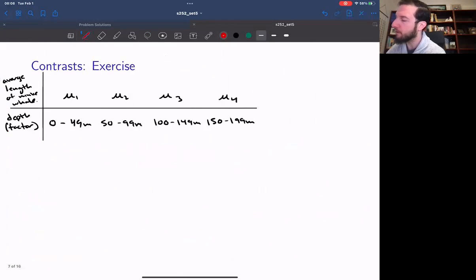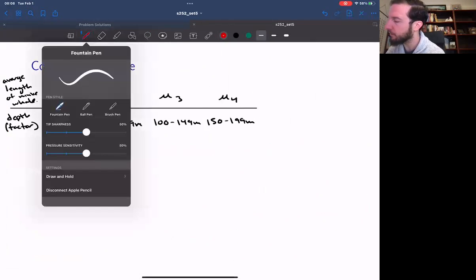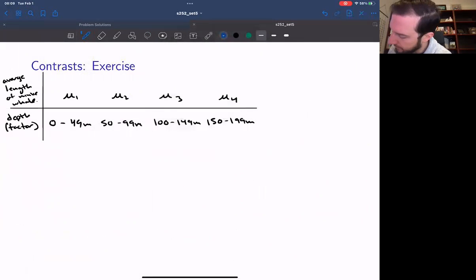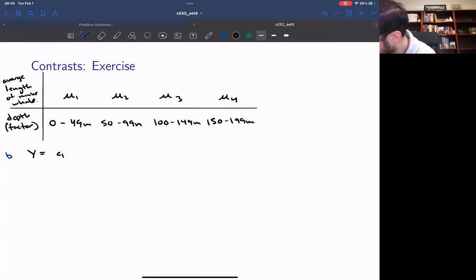Okay, so very similar problem to the first one, except that we're incorporating all of the means now. So we have gamma is equal to C1 mu1, C2 mu2, C3 mu3, C4 mu4.